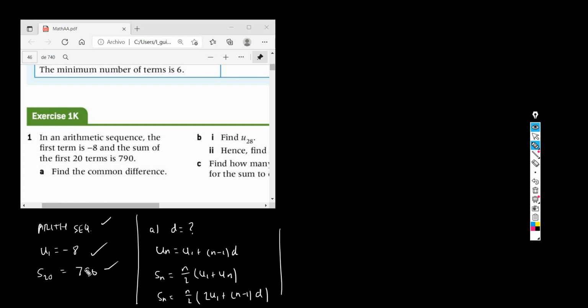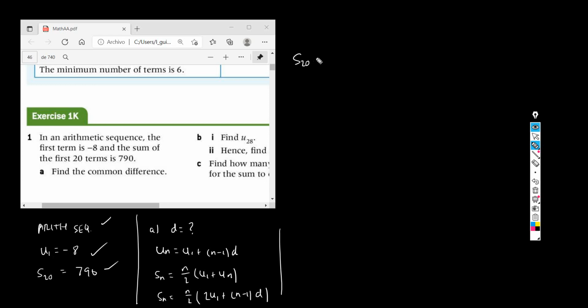For example, if you notice in this particular equation, you have Sn, you have U1, which is what you have in here. You have the difference, which is what you're looking for. You see what I mean? This is the one that you have to use because what you're looking for, D, appears in here, and this thing is the information given by the book. Also, U1 is written here, right? So I'm gonna basically select this formula.